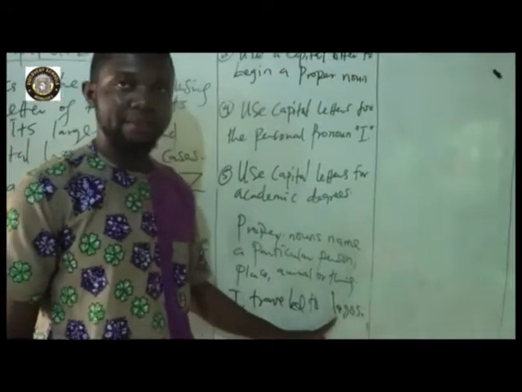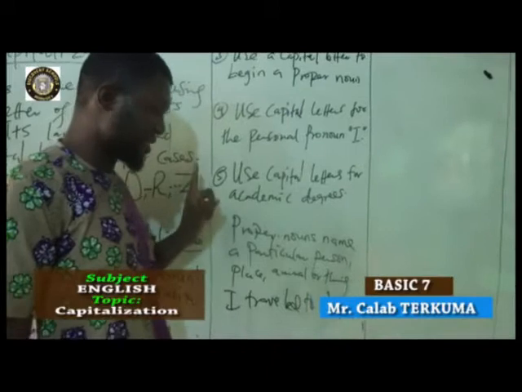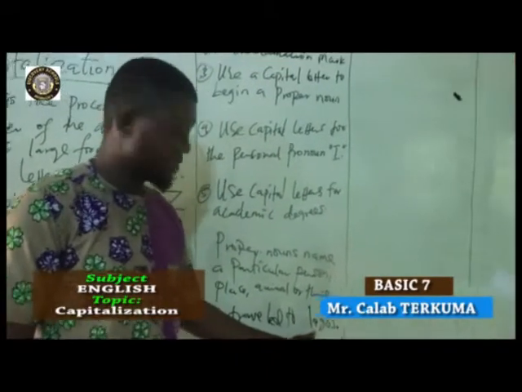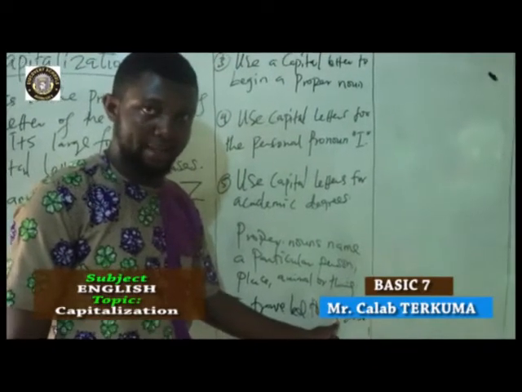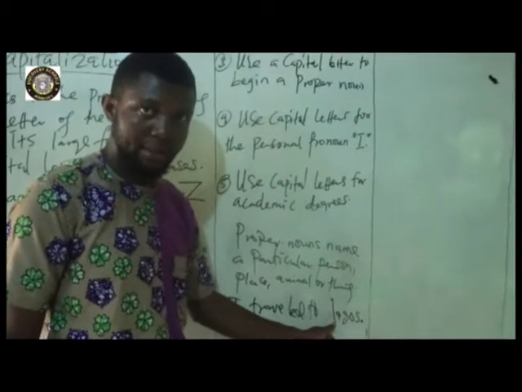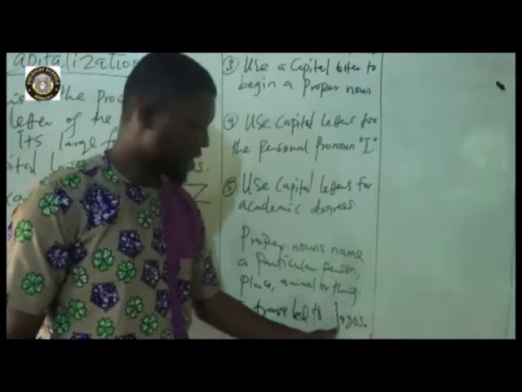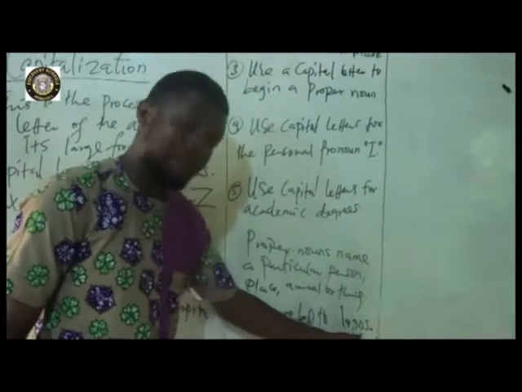Is this correct? We said that we use capital letters at the beginning of sentences. Now look at my spelling of Lagos. The letter here is small l, right? Is that correct? Why? Because Lagos is the name of a particular place.